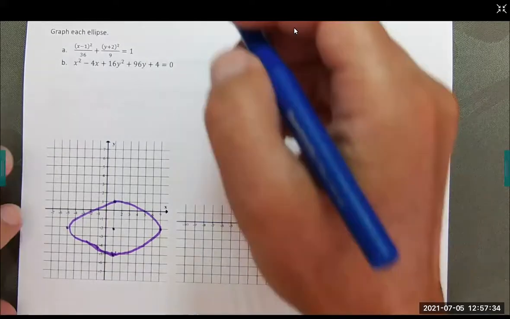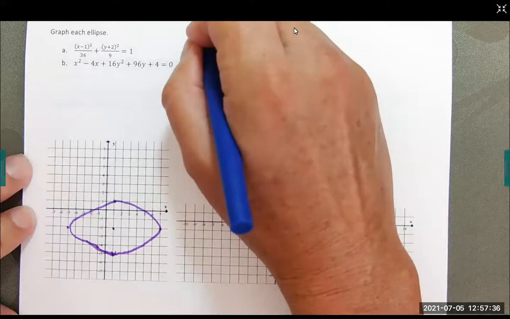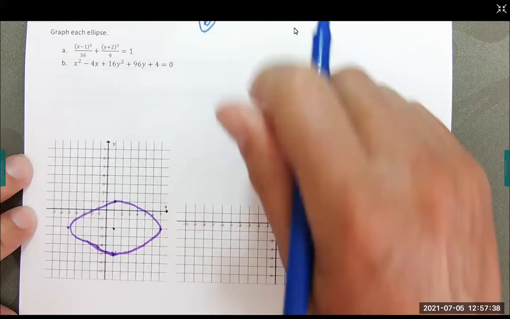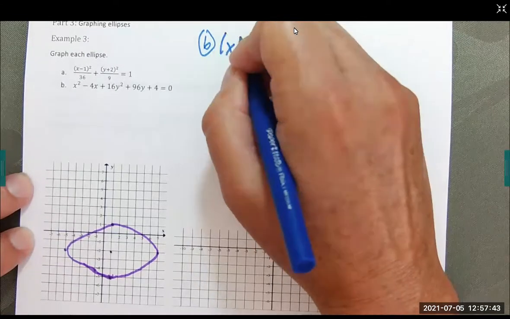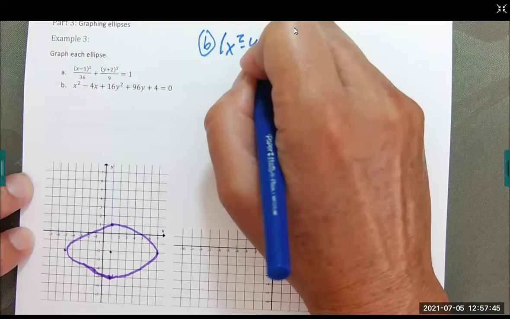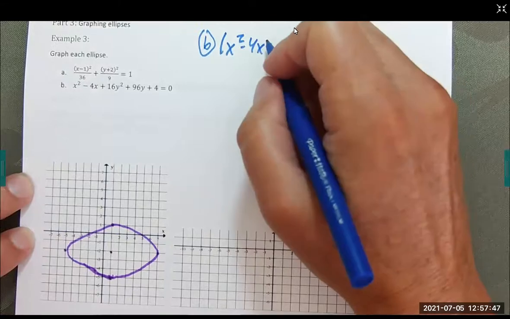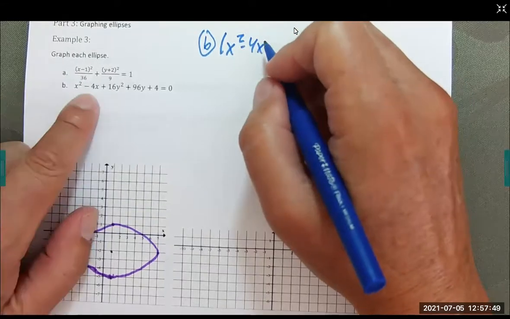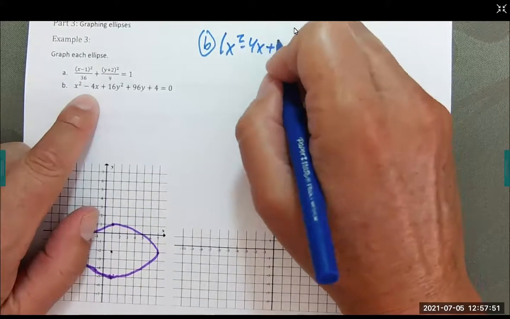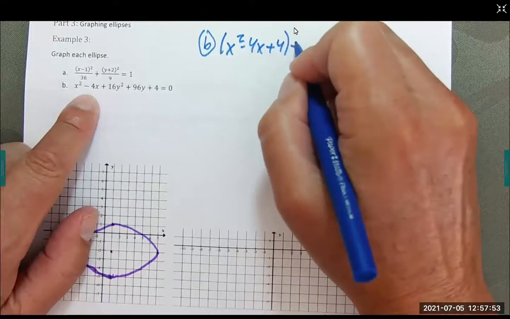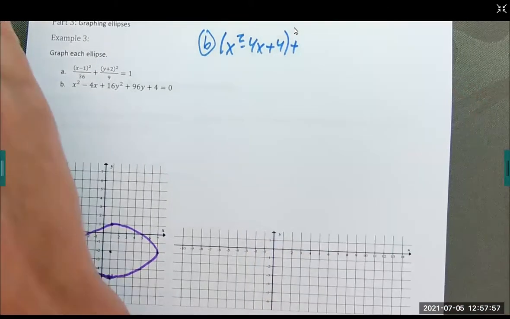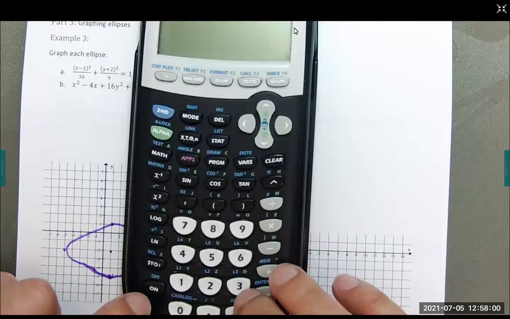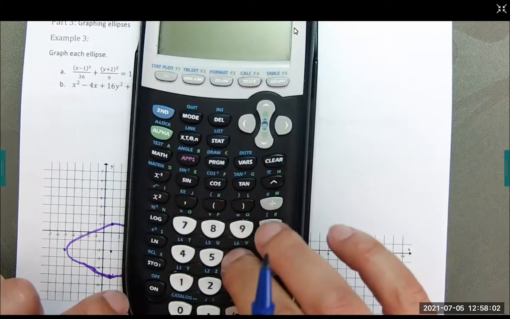So for part B, I'm going to factor by completing the square. I'm going to complete the square, take the 4 squared, that's going to be +4. And for the y's, I'm going to factor out a 16. 96 divided by 16 is 6.